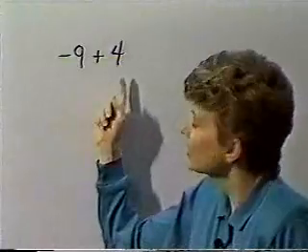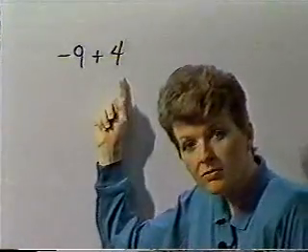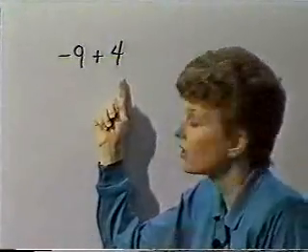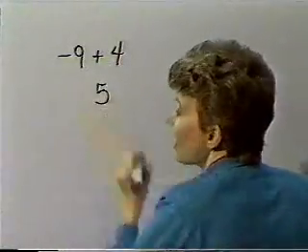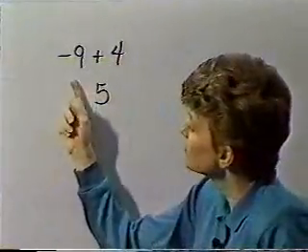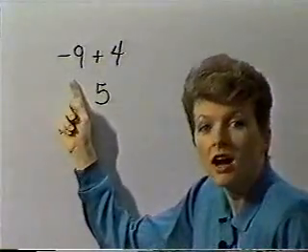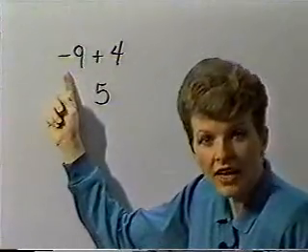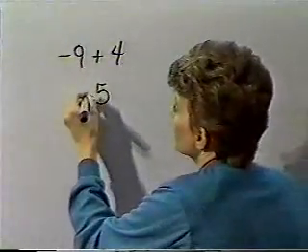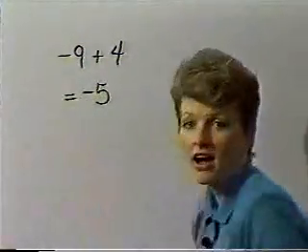That would be 9 and 4. Subtract the smaller absolute value from the larger absolute value. Well, 4 from 9 is 5. And then you keep the sign of the number of larger absolute value. The sign of the 9 is negative, so my answer is negative 5.